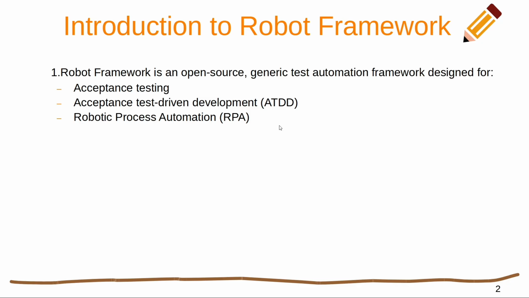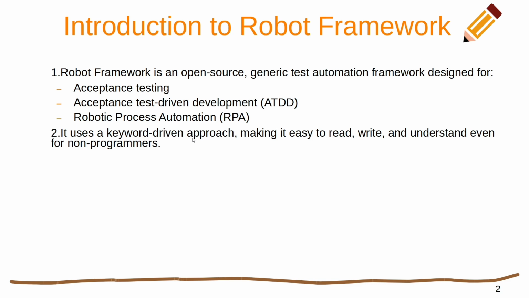Robot Framework uses a keyword driven approach, making it easy to read, write and understand, even for non-programmers. If you don't have any programming background, then also you can use Robot Framework for your testing, because it is using a keyword driven approach, so it is very easy to read, write and understand.